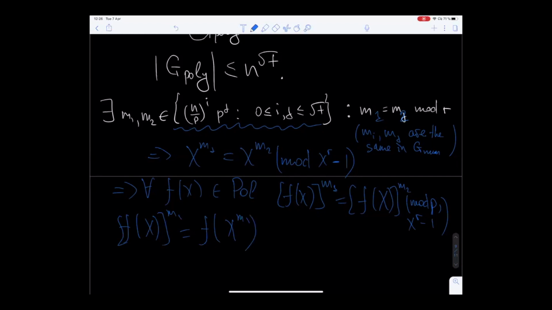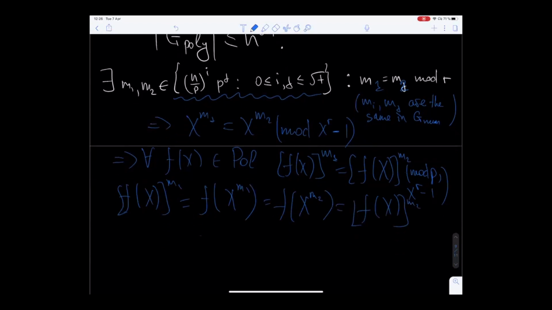So we get this, and this is equal to f of x to the m2 just because they're equal. Okay, so we get these polynomial properties.